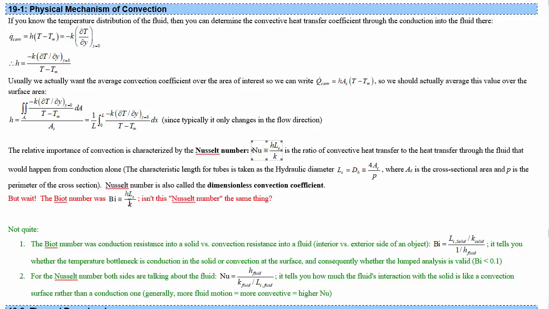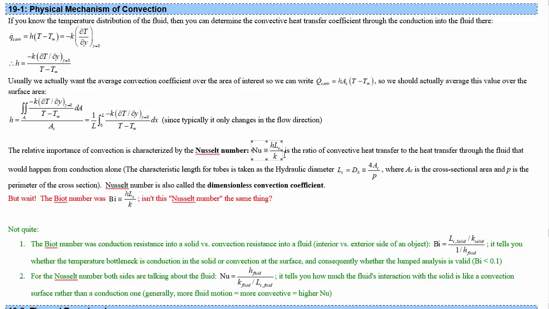The characteristic length is defined potentially differently depending on whether you're looking at external flow or internal flow. For external flow, it can actually be kind of similar to the one for the Biot number. So the big difference is the thermal conductivity, referring to fluid properties rather than the solid properties.